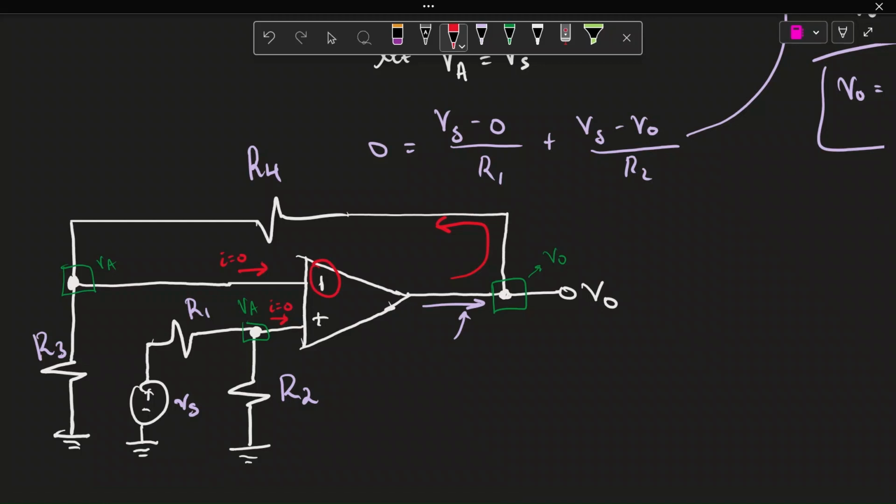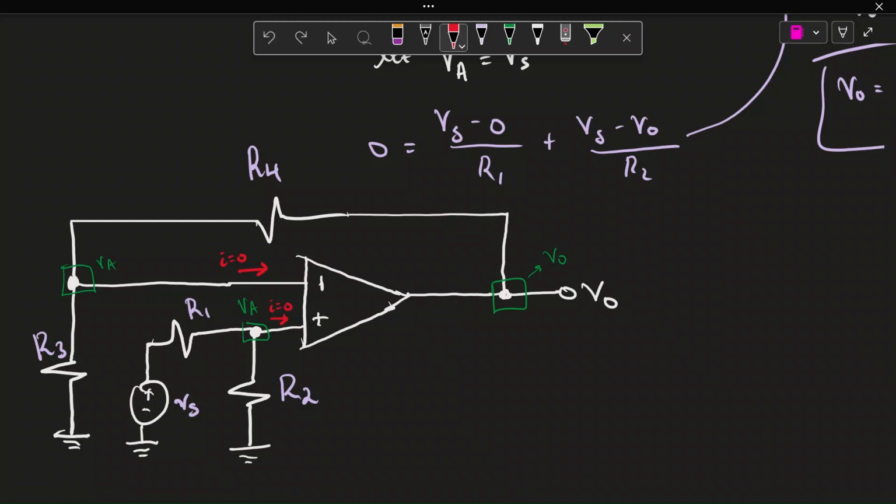So the op amp wants to keep this zero potential difference across its input, so much so that the current and voltage it outputs will really change the inputs. That's why you have this negative feedback loop.